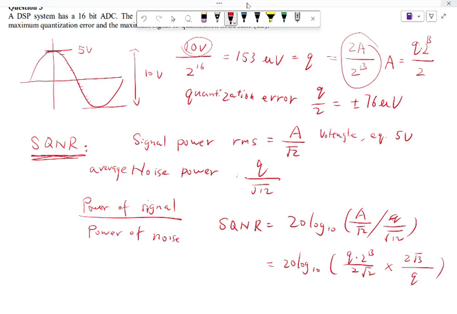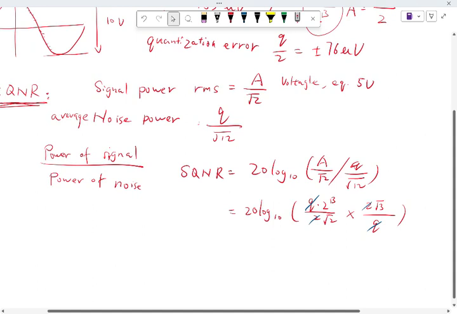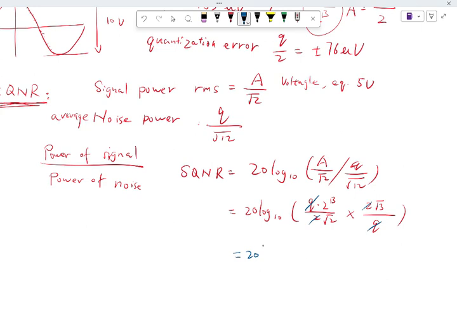Then we can cancel this one, cancel this one, so we get 20 log base 10 of root 1.5 times 2 to the order of b. b is how many bits you have, all right?